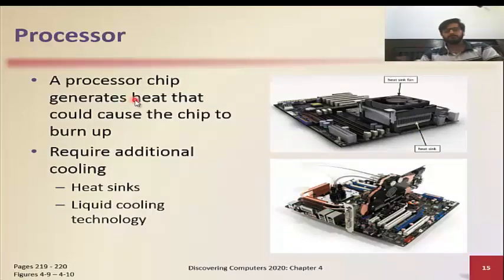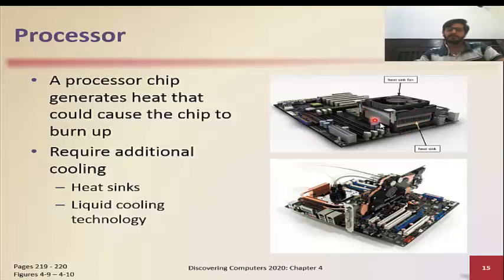When the processor is performing 1.8 gigahertz of operations in a single second, of course the chip is going to heat up. So we have different mechanisms to cool down the processor. The first mechanism is called a heat sink. In this picture we see a heat sink.